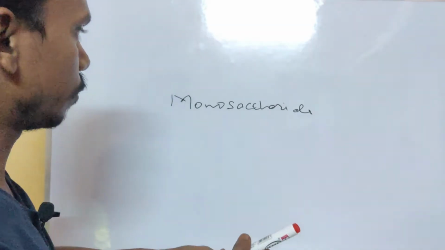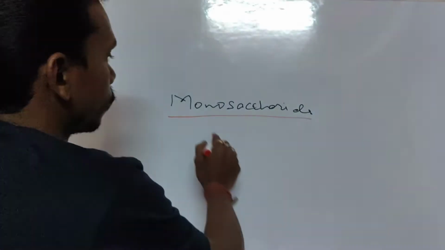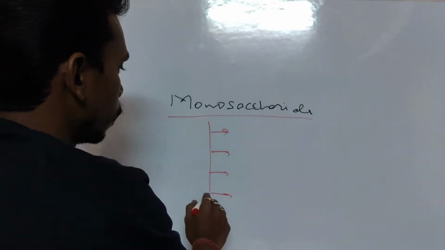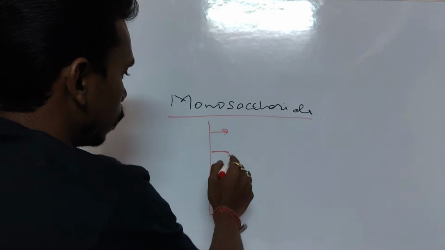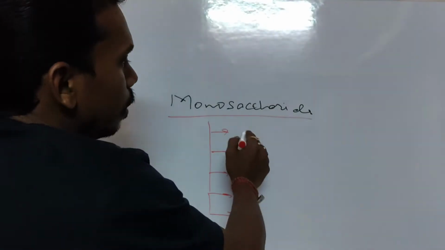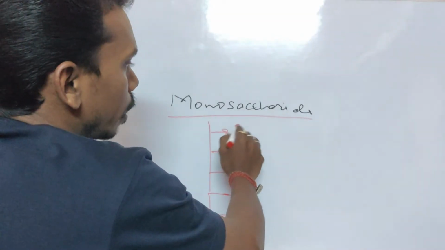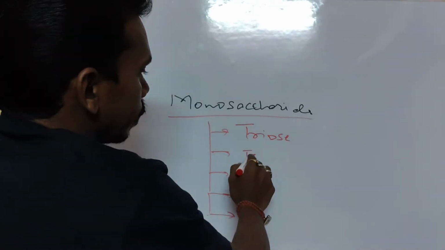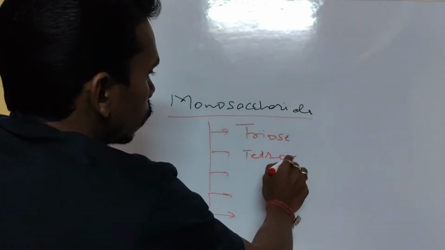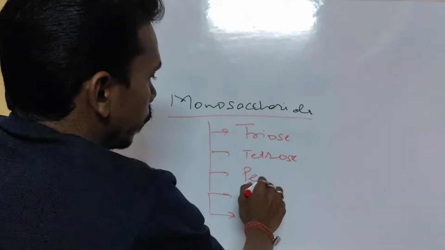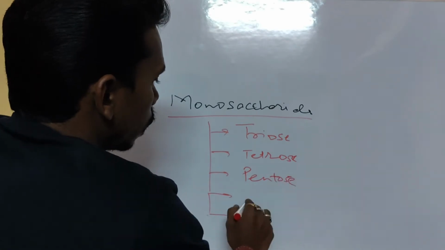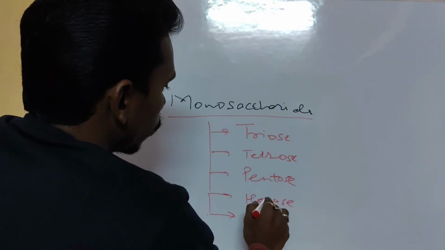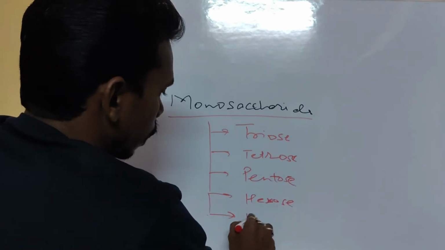So let's divide the monosaccharides from 3 carbon atoms. A 3 carbon atom containing monosaccharide is triose, 4 carbon tetrose, 5 carbon pentose, 6 hexose, 7 heptose.